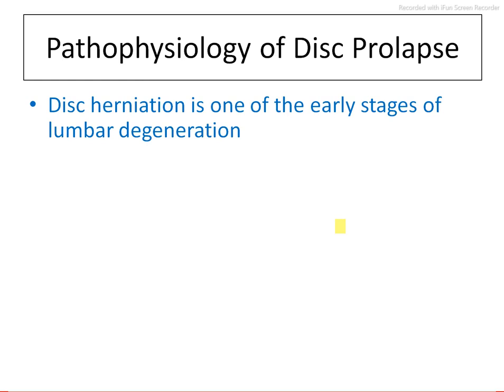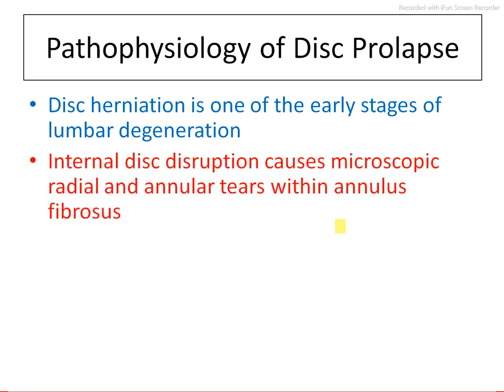Pathophysiology of disc prolapse. Disc herniation is one of the early stages of lumbar degeneration. In the Kirkcaldy-Willis hypothesis, we have learned that disc herniation takes place in the early dysfunctional stage. Internal disc disruption causes microscopic radial and annular tears within the annulus fibrosus.